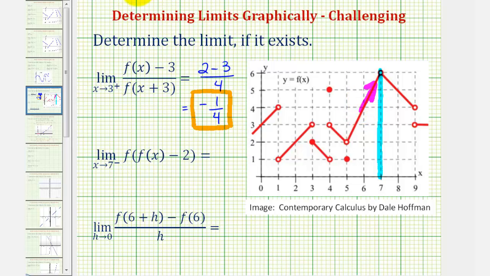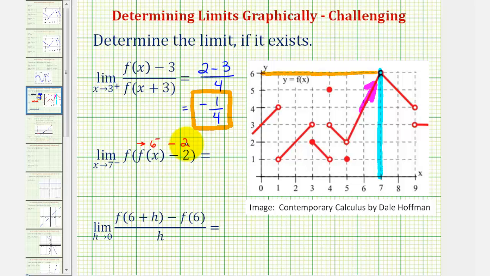And notice how the function values are approaching positive 6, but they are approaching from values that are less than 6. So as x approaches 7 from the left, f of x is approaching 6 from the negative side, or left side. But then notice how we're subtracting 2.